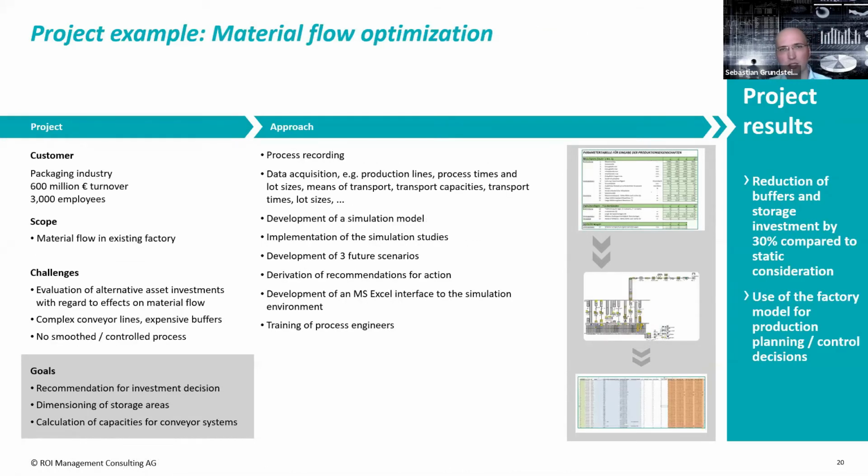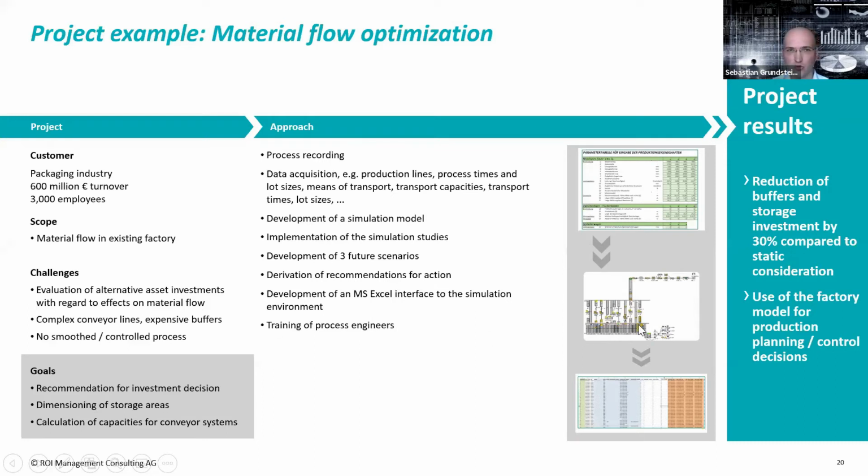If we go into the factory, another project was in the packaging industry, and it was a material flow examination. What you see here is the factory model with the conveyor belts, the machines, goods in, goods out, where we evaluated the material flow in the factory, especially because they had complex conveyor lines.